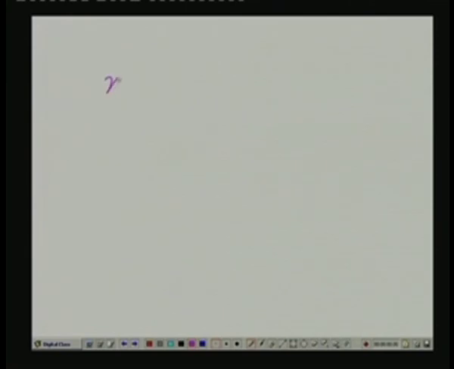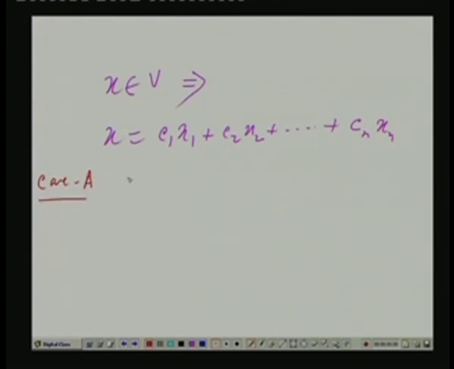That means any element x of V can be written as C1 x1 plus and so on. Case A: the set S, which is nothing but x1 to xn, is given to be linearly independent.